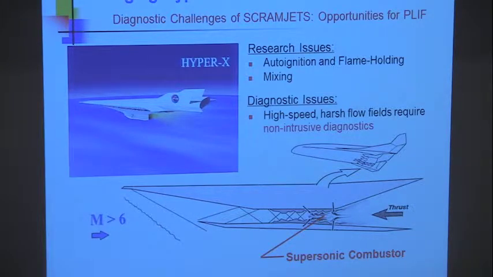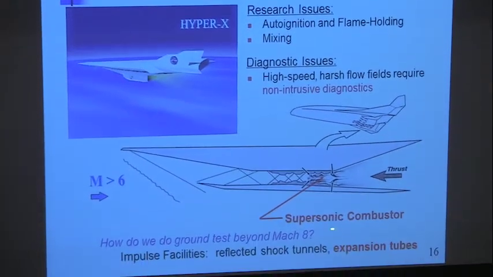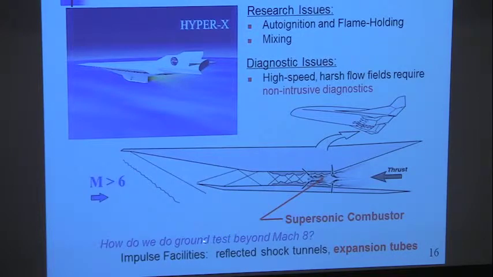So how do you test this on the ground? Well, really, it's even harder to test it in the air, but how do you test it on the ground? You need some sort of non-intrusive diagnostic schemes. And the way that this is pursued at high Mach numbers is what's called an impulse facility. So you use some sort of a tunnel.